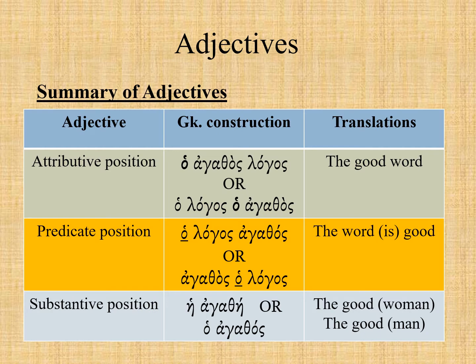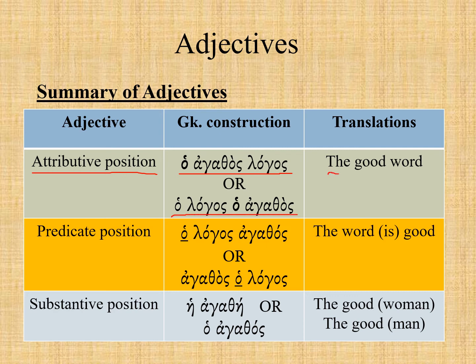So let's look at a summary, so that we can see the similarities and the differences between the attributive, predicate, and substantive positions of the adjectives. So first we have the attributive position. Notice that it can take two different Greek constructions, ho agathos logos or ho logos ho agathos.